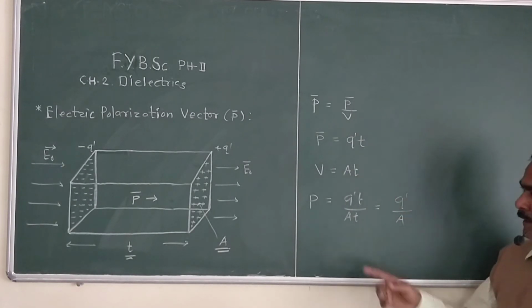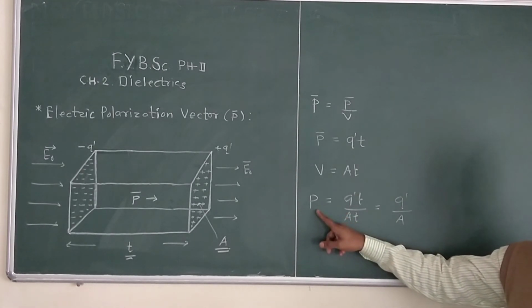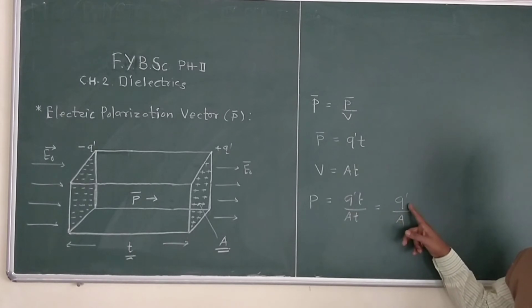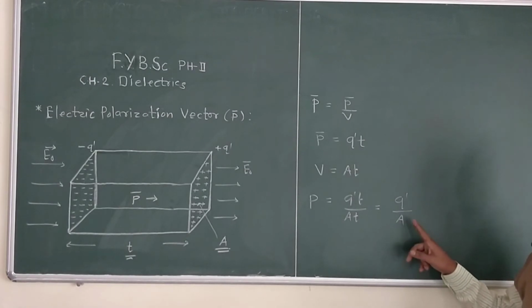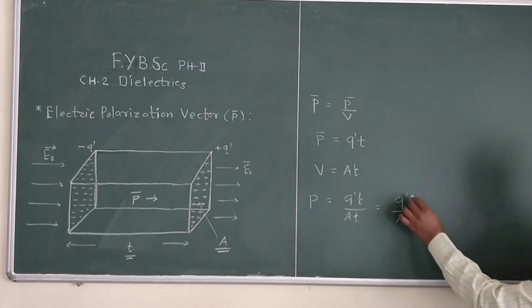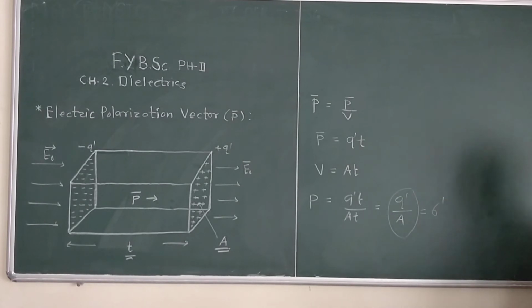That is, the magnitude of electric polarization is the ratio of induced charge per unit area. Now induced charge per unit area is given as the surface charge density, sigma, and it is due to the induced charge, so sigma dash.